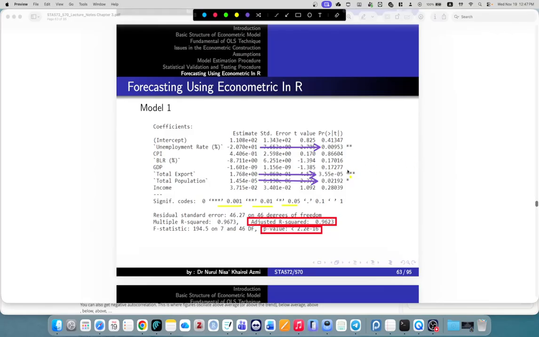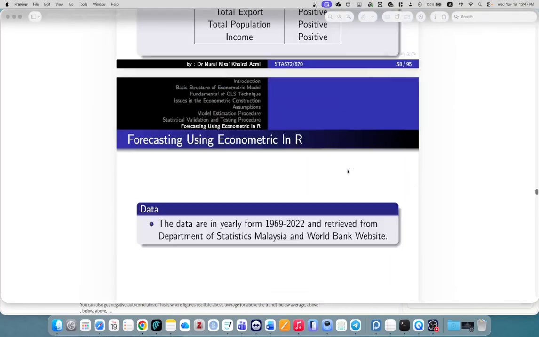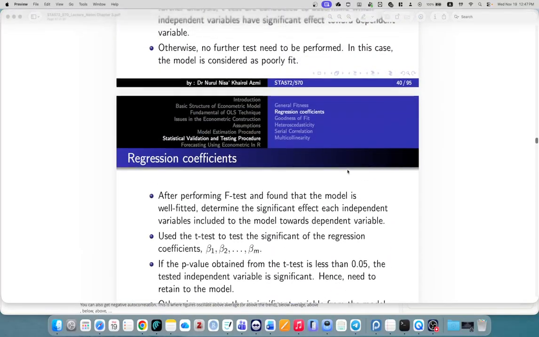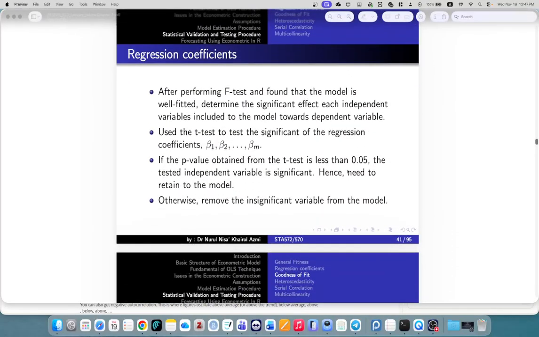Okay, so that's about the general fitness of the model, and based on this, we can remove the insignificant variables. After this step, since in our strategy, general to specific, we do it step by step, when you decide to remove one variable, you start again with the same statistical validation and testing steps.